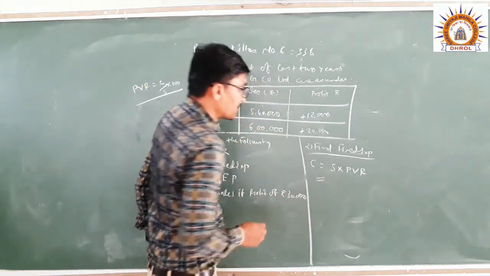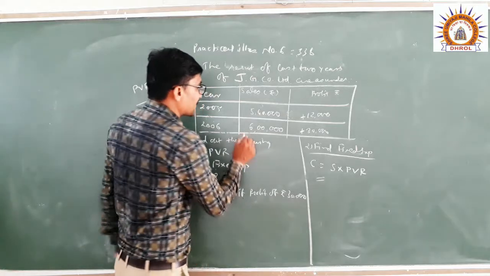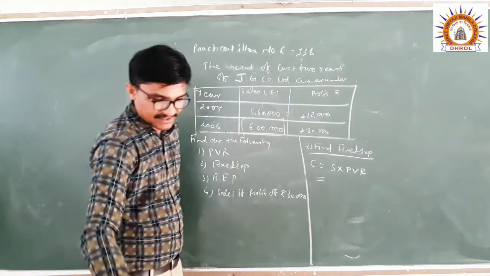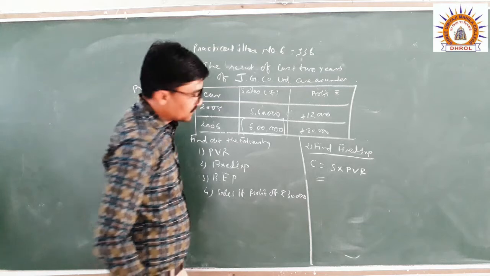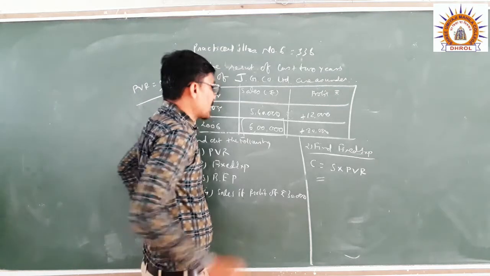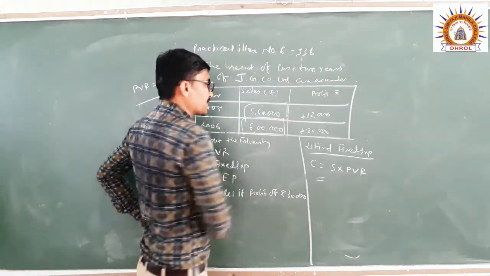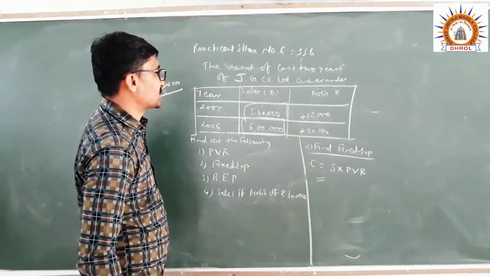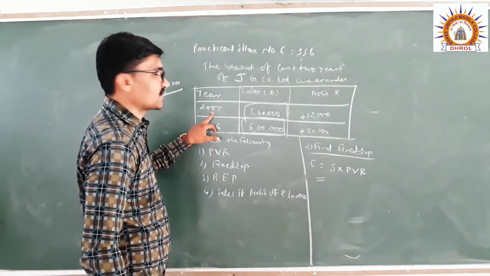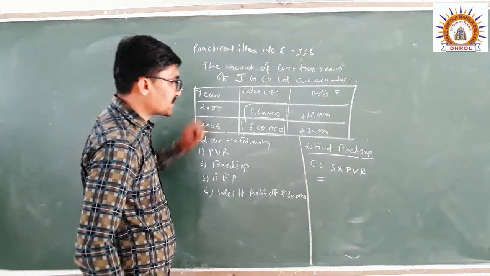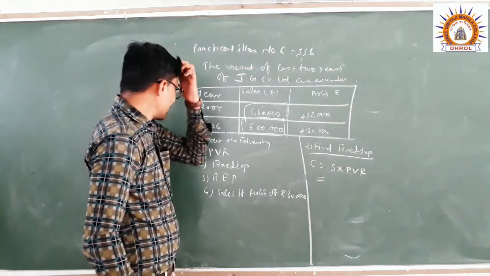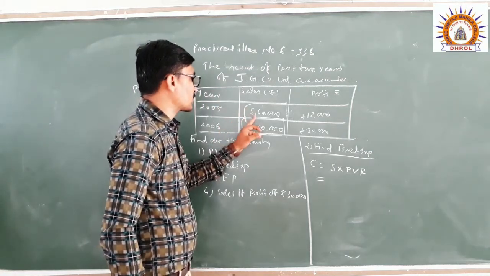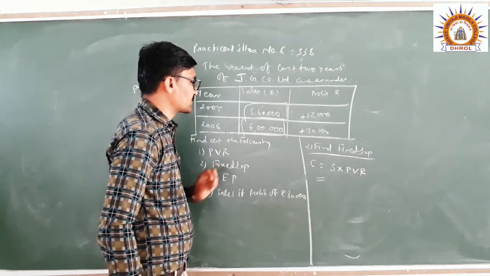As for the sales, the present year's sales is 60,000, and you can also take 5 lakhs 40,000 as the 2005 amount of sales. So we can take the 2005 as well as the 2006 amount of sales.